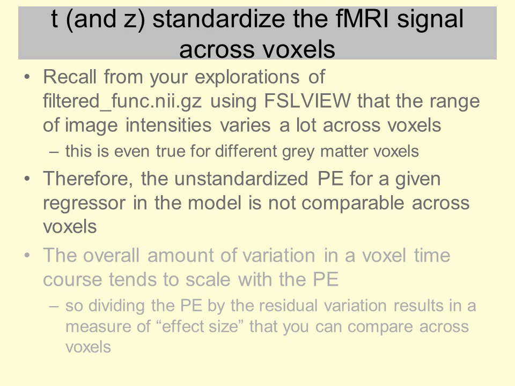But because the overall amount of variation, and therefore the overall amount of noise variation and probably therefore unmodelled or error variation, tends to scale with the overall image intensity in a particular voxel, if we do this thing that we do when we calculate a t or z stat of dividing by the residual variation, then we do get a measure of effect size that's comparable across voxels. We can start to say, oh yeah, there was more activation in this region than that region, and of course we want to be able to do that, so it's really important that we can do this.